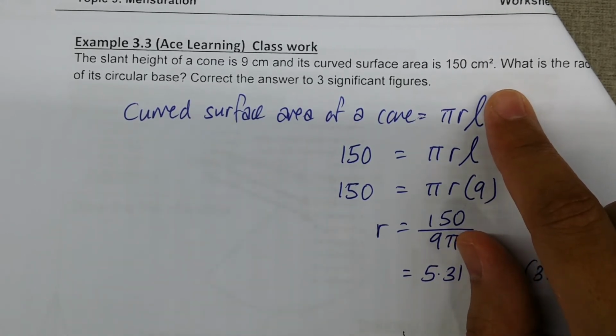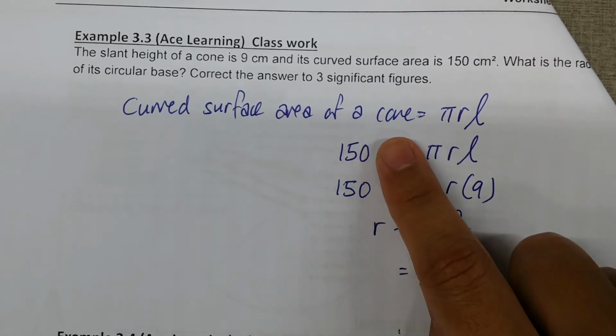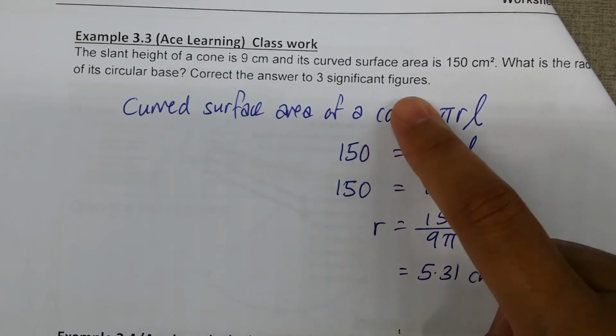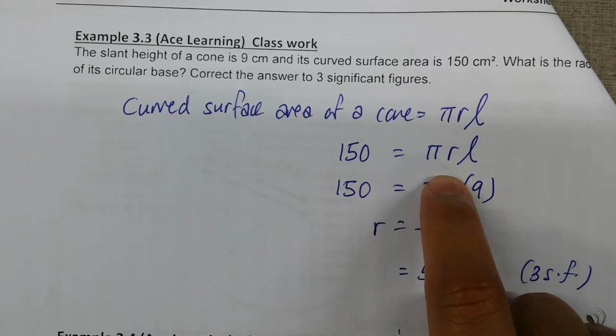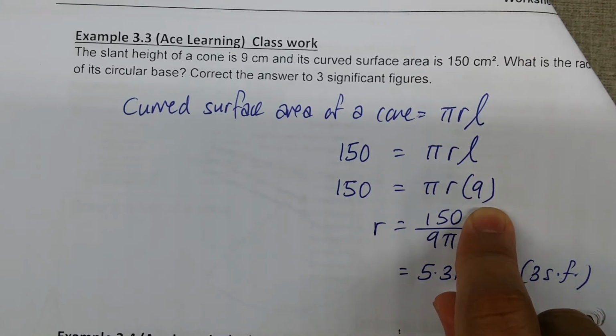Not very sure. But just apply the formula. Curved surface area of a cone is pi r L. I'll just write down. Curved surface area given 150. Then let's see what else is given. Oh, slant height L is given. Write down 9. What do they want? They want radius, right?